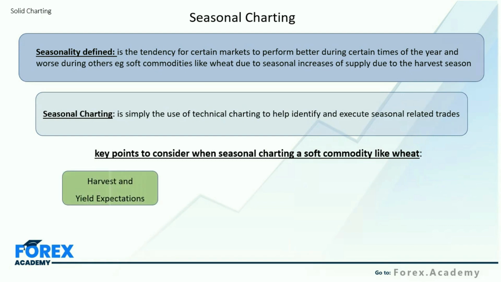And the first point would be to have a basic understanding of the harvest times for each of these commodities. And of course, if a particular commodity like wheat is harvested, there'll obviously be yield related expectations on each of these crops.